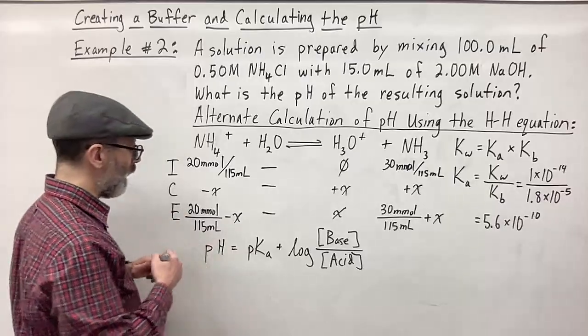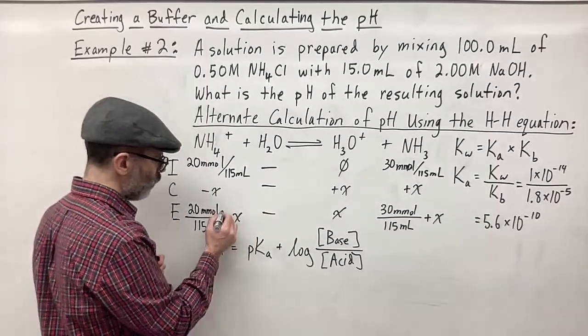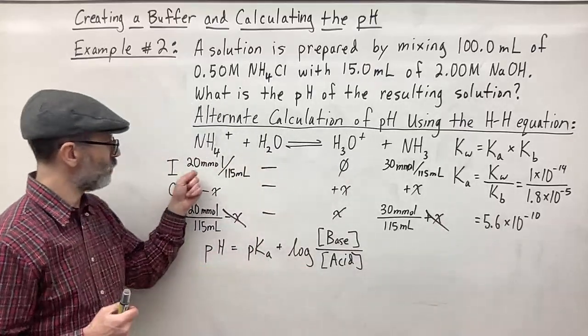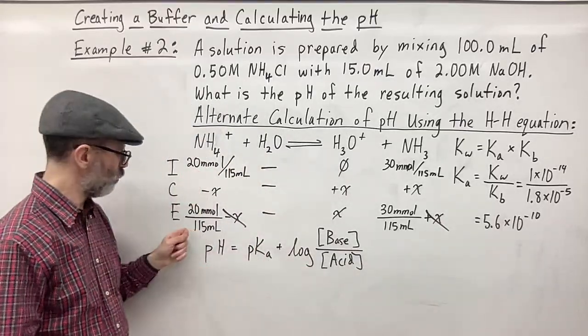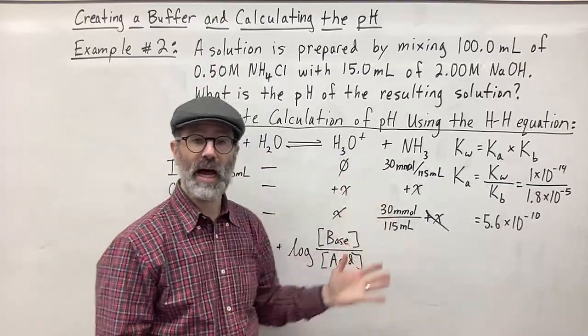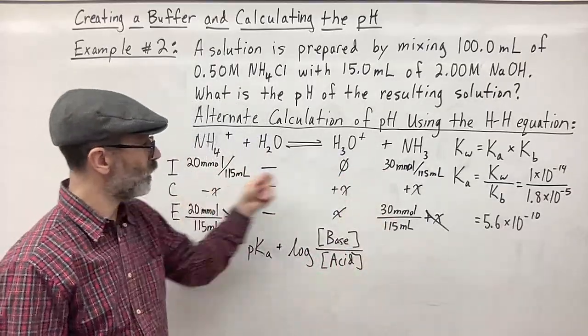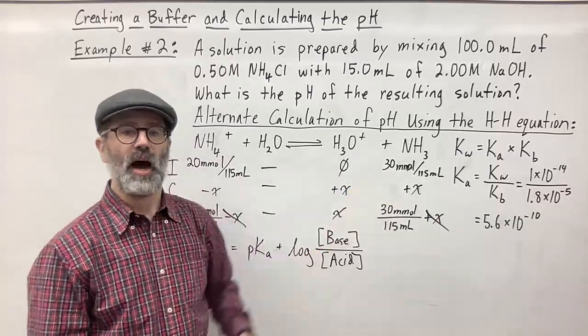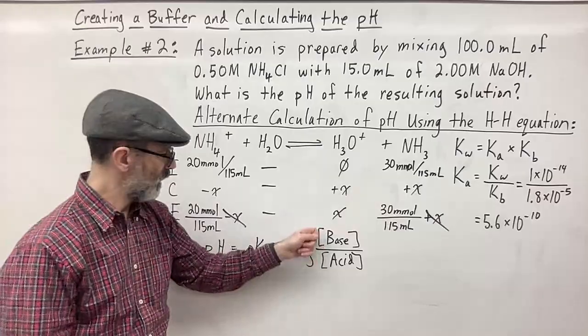And then you'll see what happens if we get rid of this, right? So if x is small, you'll see that the starting concentration and the equilibrium concentration is exactly the same. So we can now use that. We can use the initial concentrations and plug those into here.